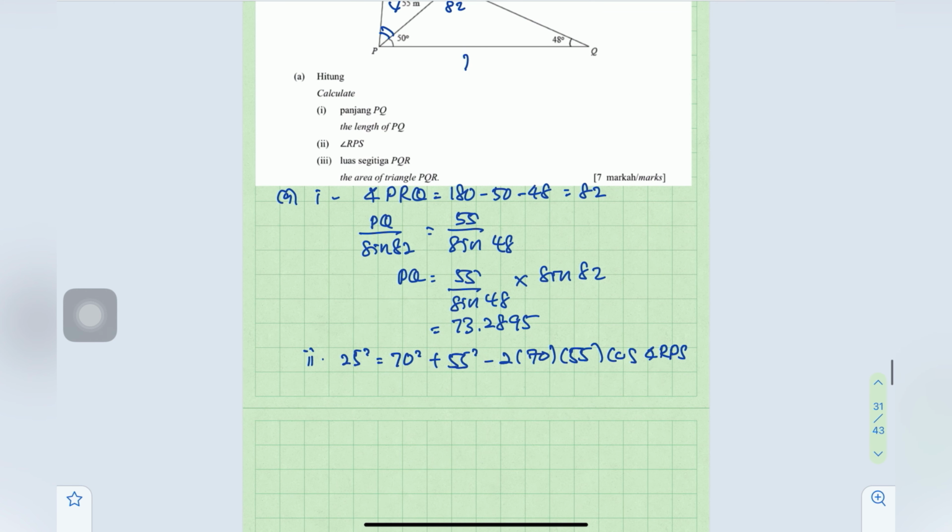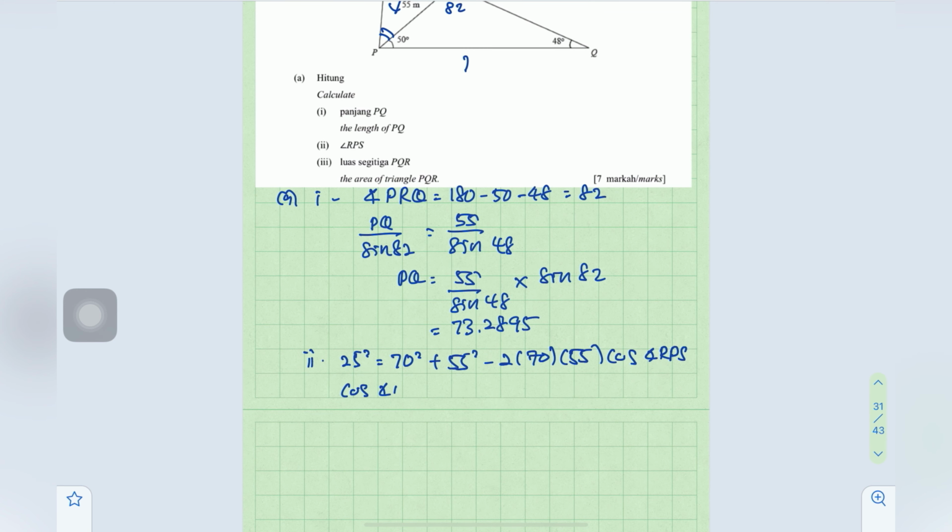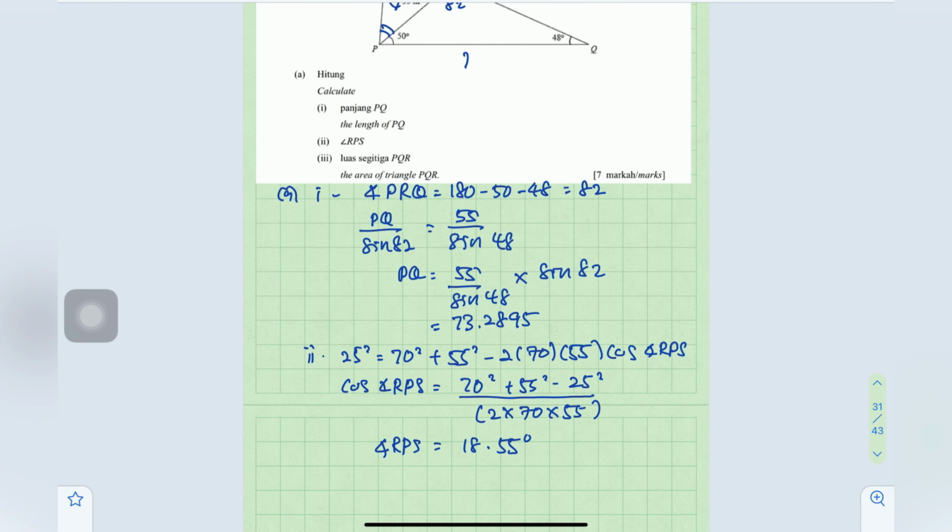Then cos angle RPS equals 70 squared plus 55 squared minus 25 squared over 2 times 70 times 55. Then we shift cos and we will get 18.55 degrees.